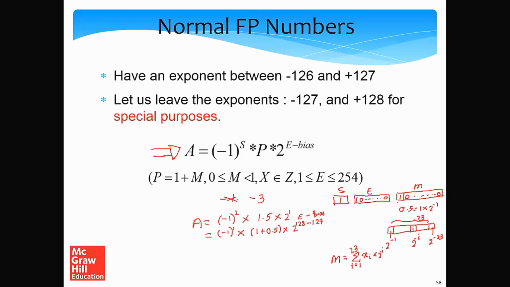It's essentially a summation from 2 to the power minus 1 till 2 to the power minus 23, each term multiplied by a coefficient. In this case, we just need to stop at 0.5. So the MSB needs to be 1 because it's 2 to the power minus 1, and the rest of the terms need to be equal to 0. So this is the representation of our floating point number in binary.